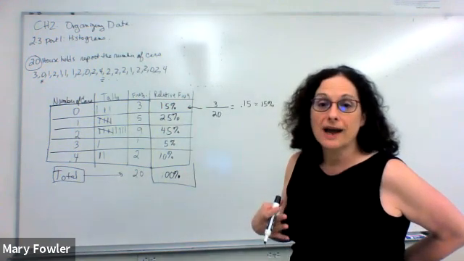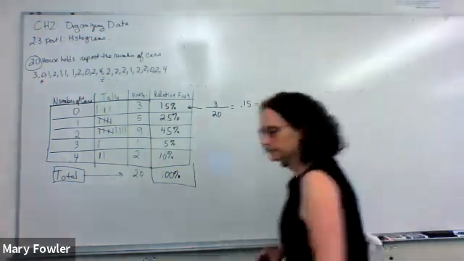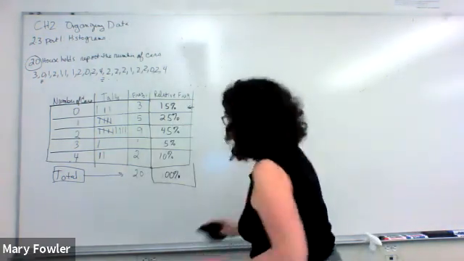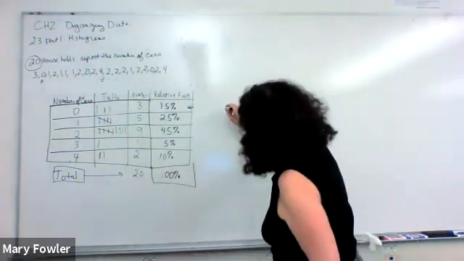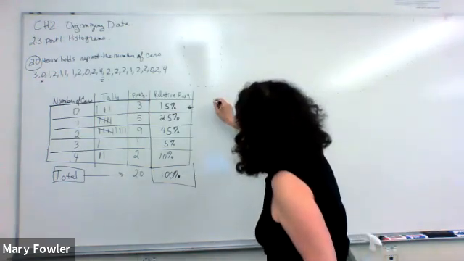What we want to do now is to build the histogram. So for the histogram, right here, we have to work with axes, and we will start with a frequency histogram.